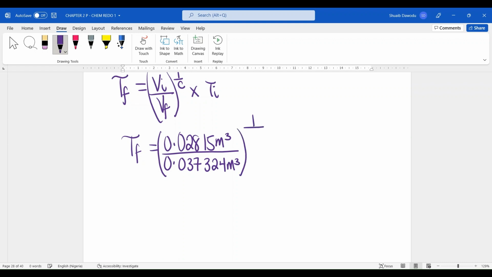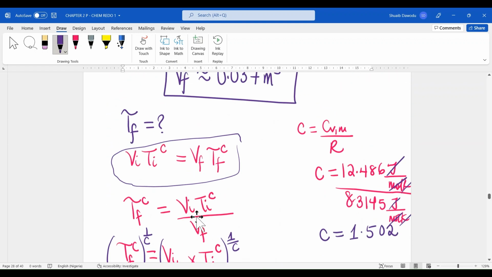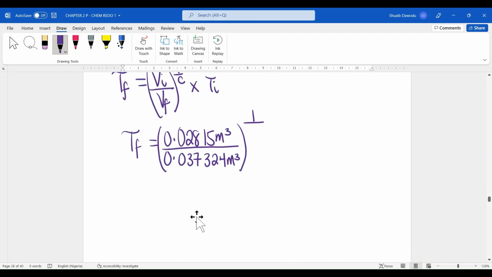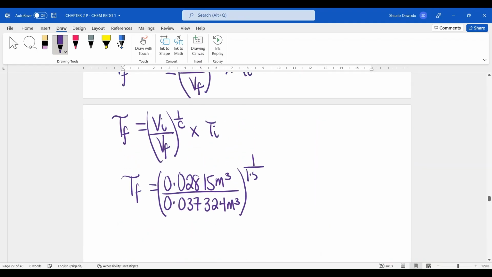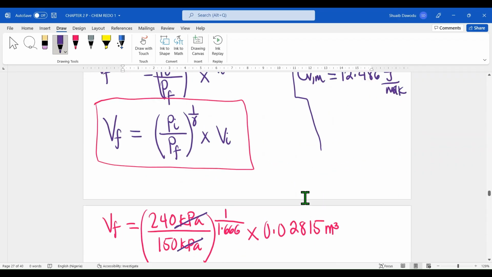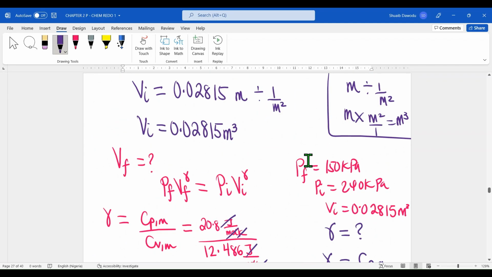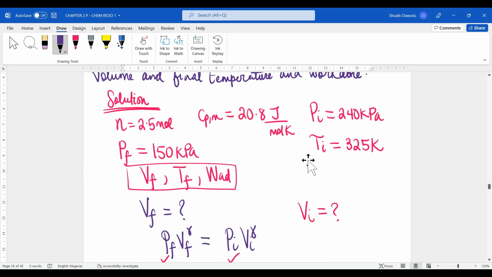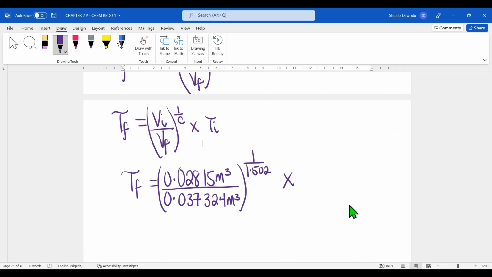So that's 1 divided by C. What is C again? 1.502. So 1 divided by 1.502 times T initial, which is 325 Kelvin, which we've written out at the top here. So I'm going to substitute that and multiply by 325 Kelvin.